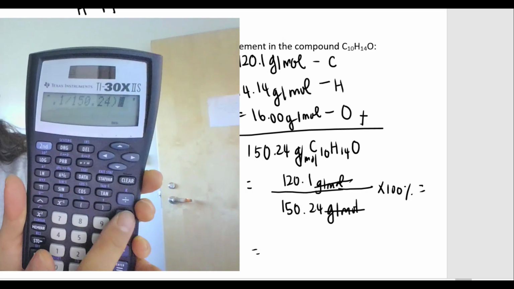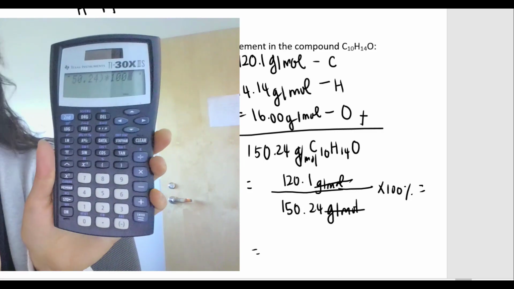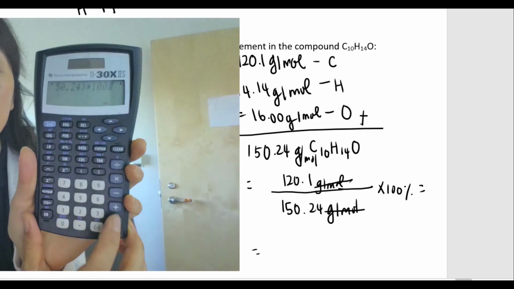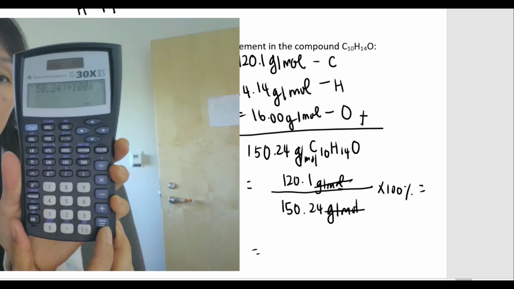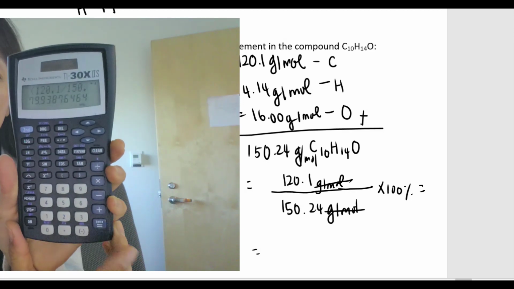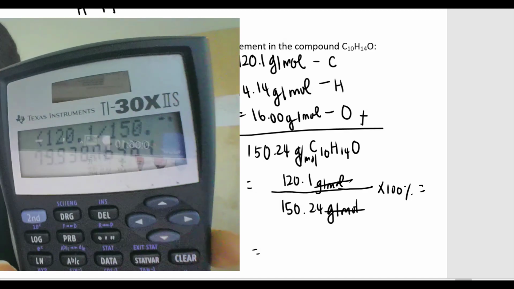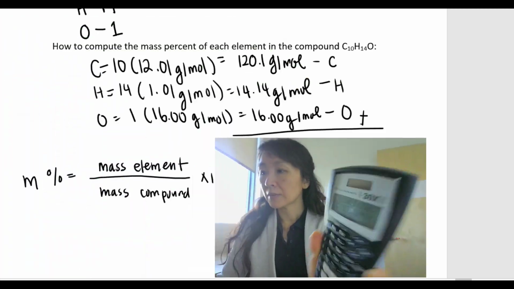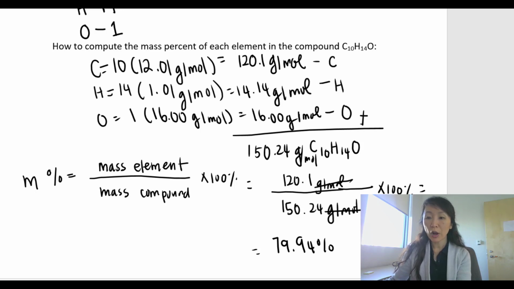And then you're going to multiply by 100. Don't press any percentage sign. If you have a percentage sign in your calculator, just multiply by 100 and hit enter. You get this value here. That's approximately 79.94%, with 4 significant figures. So that was for carbon.